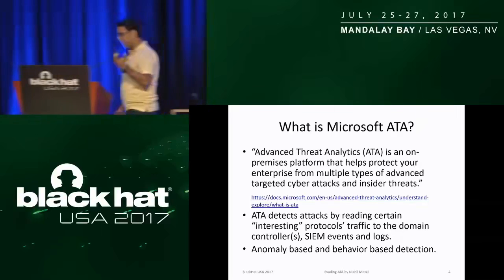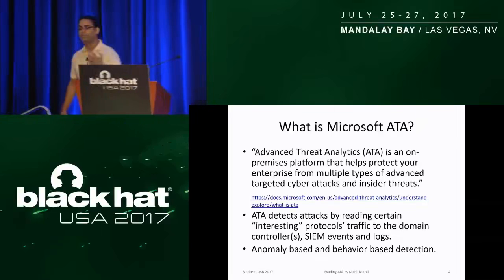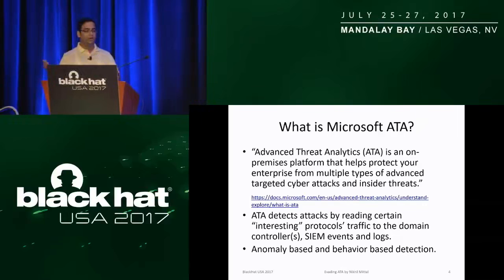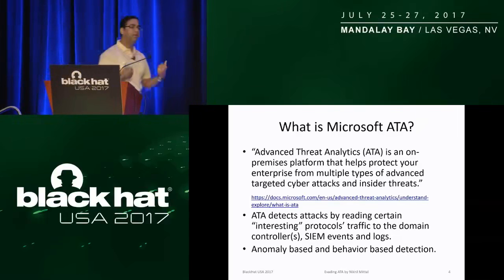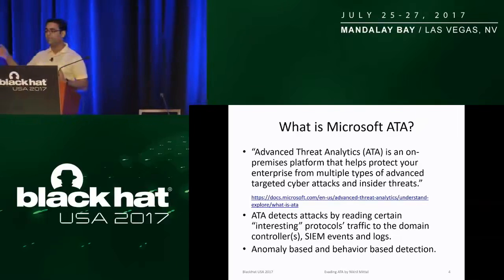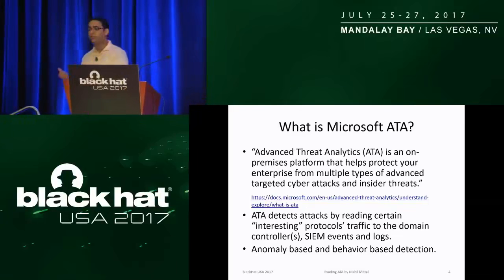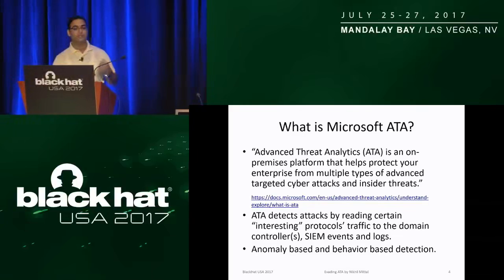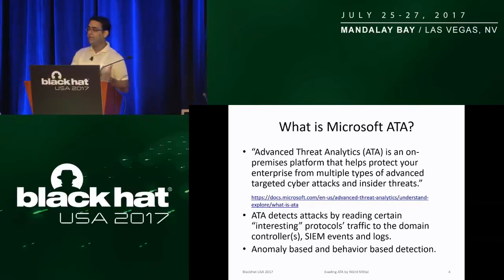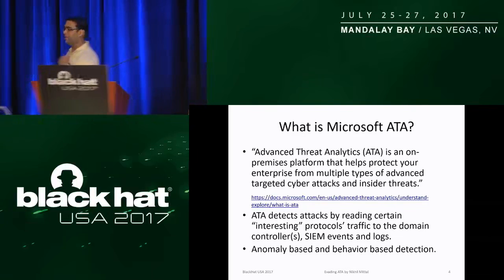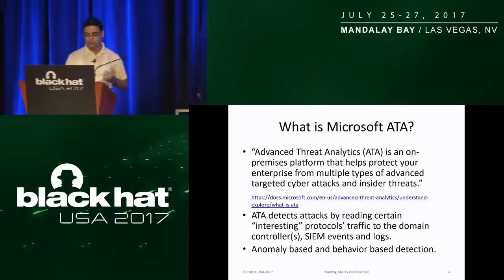ATA has, I think, a 21-day learning period before it can start. In this 21-day period, it builds a profile of each and every user and box, and then it can actually detect UBA or behavior detection. But the anomaly detection starts from day 1, and that is something which we are going to focus on in the talk.